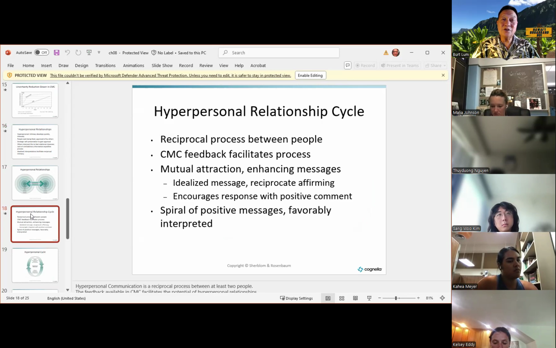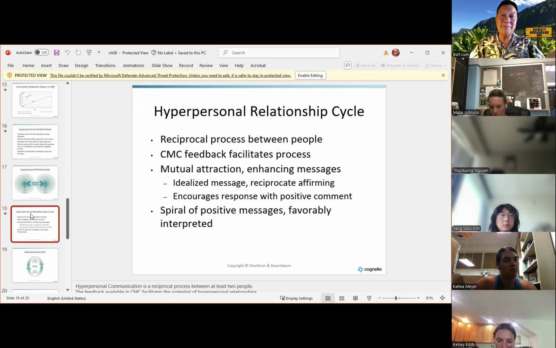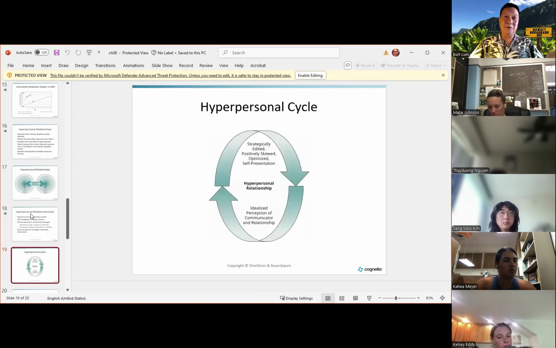This mutual attraction, this enhanced messaging, which is kind of like only presenting the very positive, ideal messaging, reciprocated with affirmation, encourages response with positive comment, the spiral of positive messages favorably interpreted. Okay, so that may happen on the CMC, but then you take it to the next level in the face-to-face, right?